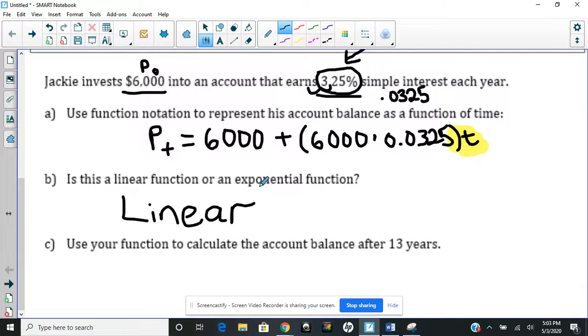Okay, our last part is to use the function that we created to calculate the account balance after 13 years. So years is time. So what I'm going to be doing is putting that 13 in where the time is.